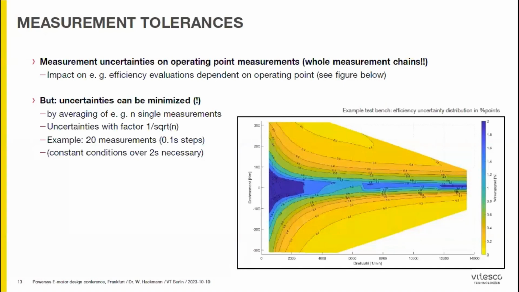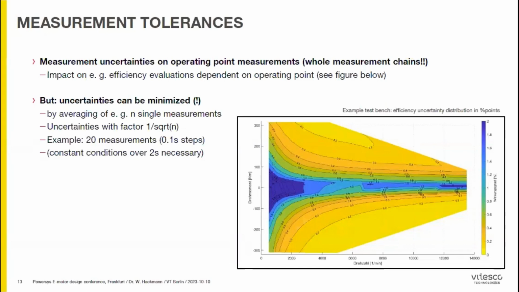For a normal example test bench, you see here the best values are 0.2 percentage points. And these are the values if I'm doing, for example, power analyzer measurements, when I get measurement data every 0.1 seconds, then the accuracy is 0.2 percentage points here in the high area.